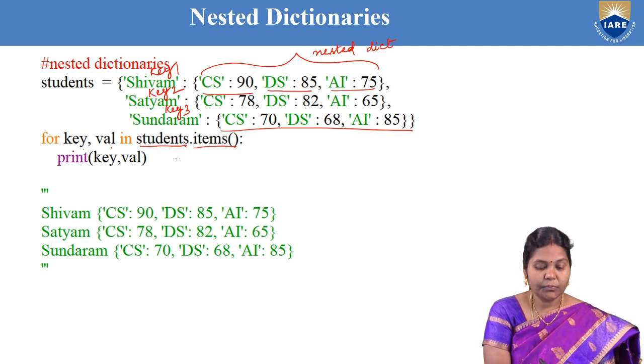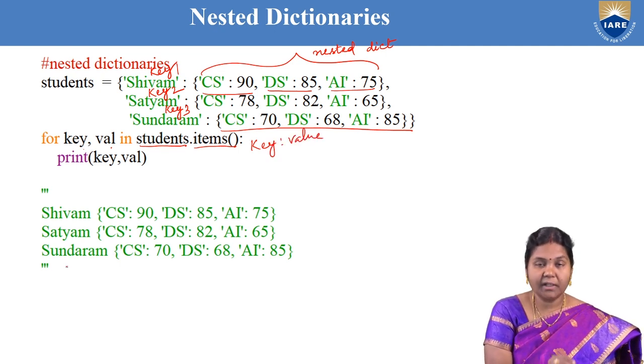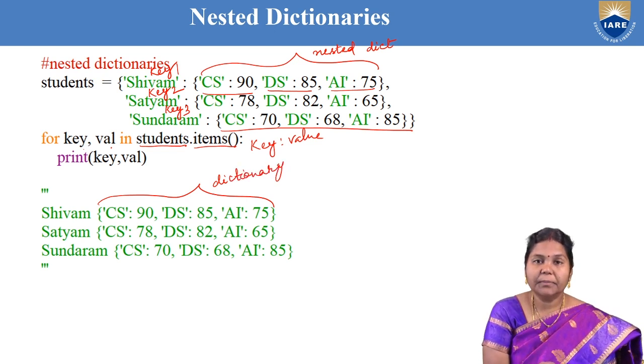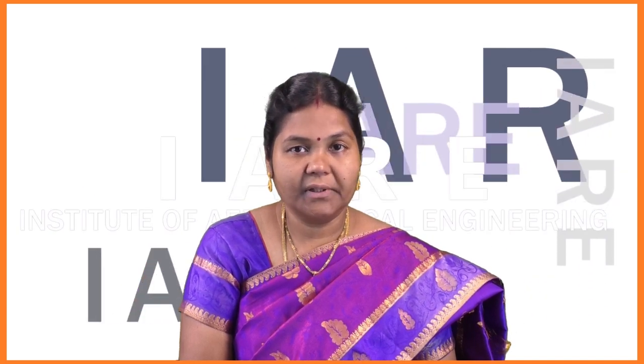Students dot items will give you the key value pairs, where each key is nothing but the names Shivam, Satyam and Sundaram, whereas each value is nothing but a dictionary. So this itself is a dictionary. In this manner, you can print the key value pairs of a nested dictionary. So dictionary within dictionary is also useful in many applications.